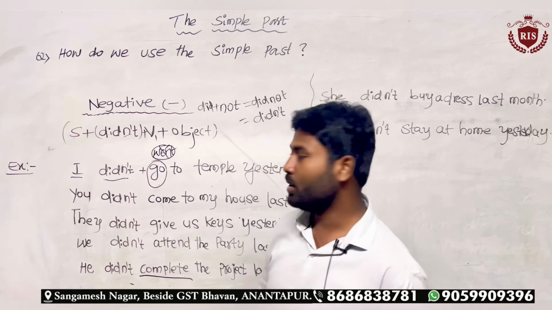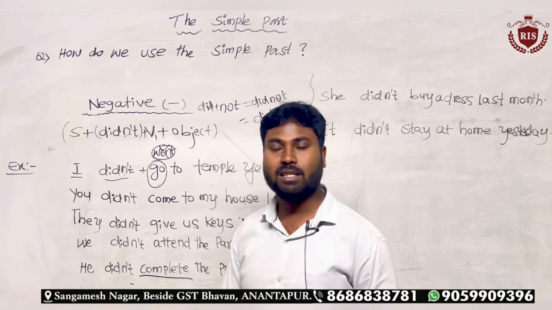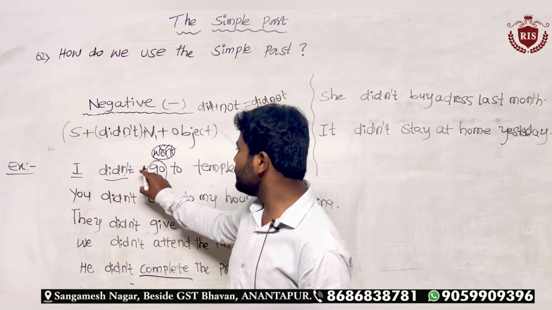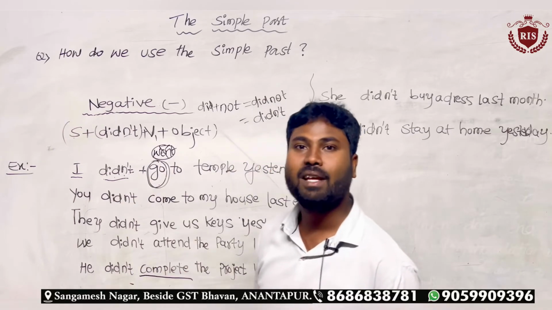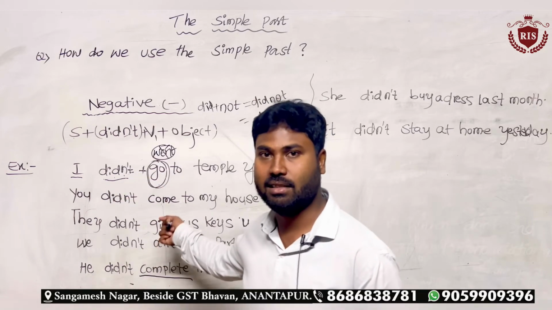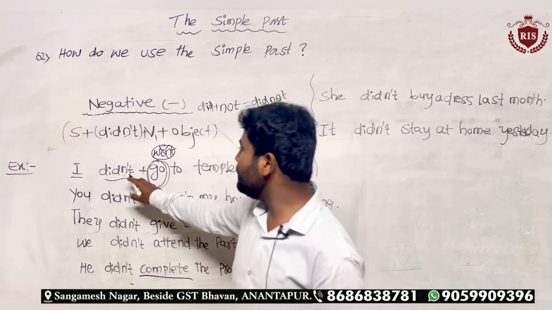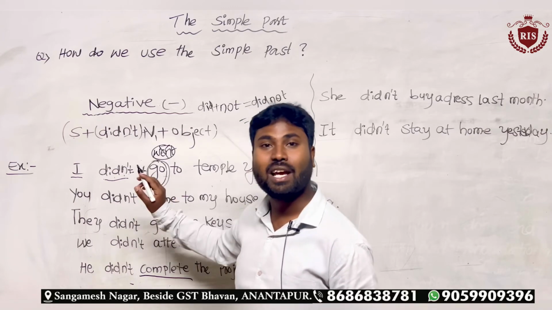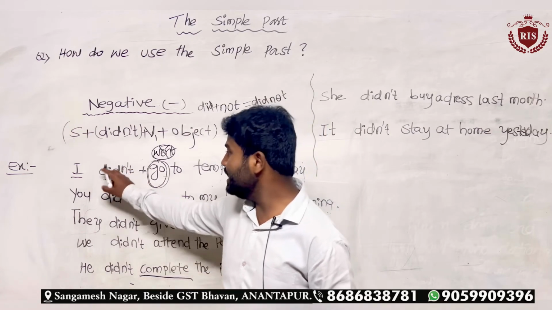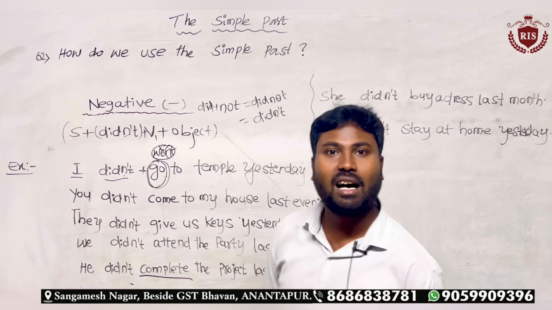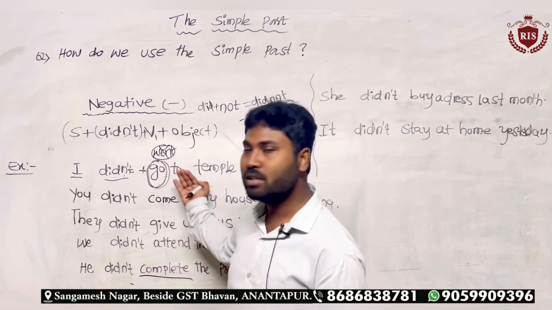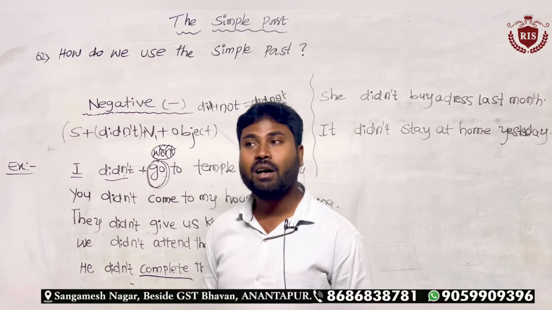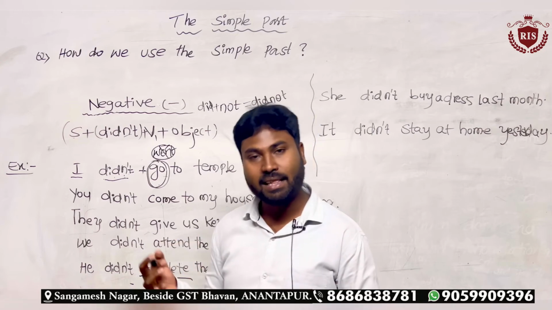It's incorrect, because didn't is already past, it refers to the past, right? So as didn't is already past, we have to use the V1 form of the verb in negative sentences. You cannot say I didn't went, I didn't bought, I didn't walked, because didn't is already past. So two past forms cannot come together in the sentence. We have to remember that, especially when we make negative sentences in the simple past.